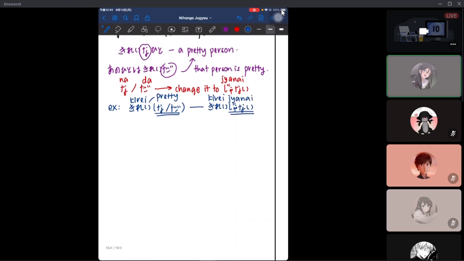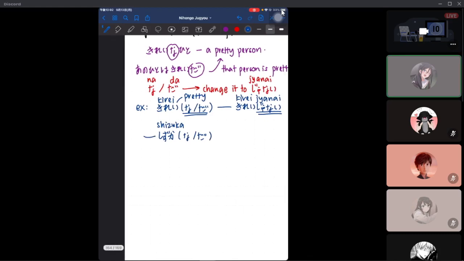Another example would be shizuka, na or da depending on the sentence. Shizuka means quiet.